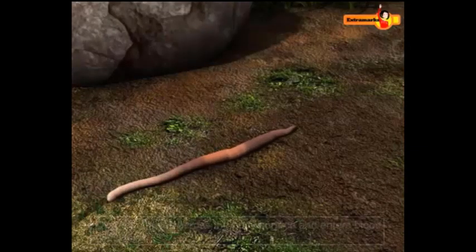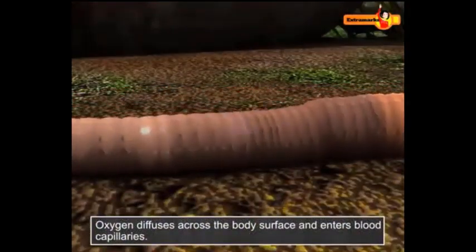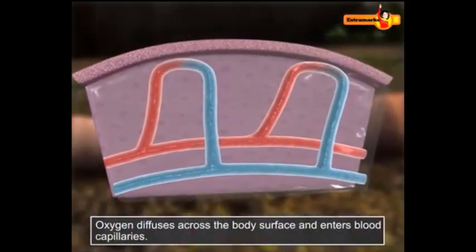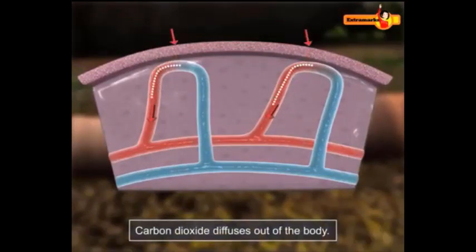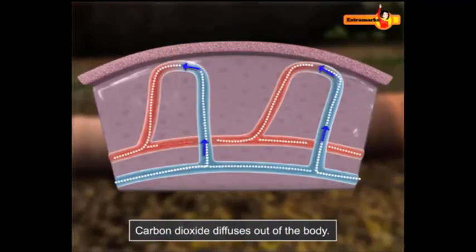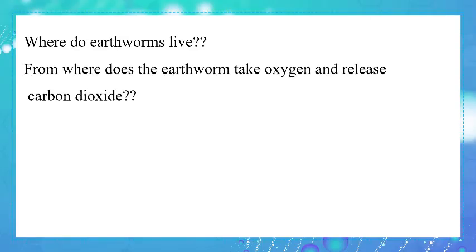During breathing, oxygen diffuses across the body surface and enters blood capillaries that lie just below the skin. Blood carries the oxygen to the body cells. There, in return, it picks up carbon dioxide and transports it to the skin capillaries from where it diffuses out of the body. Now, after watching the video, let's answer the following questions.